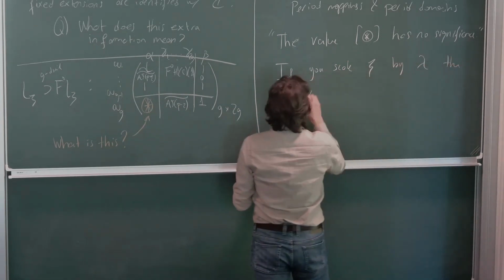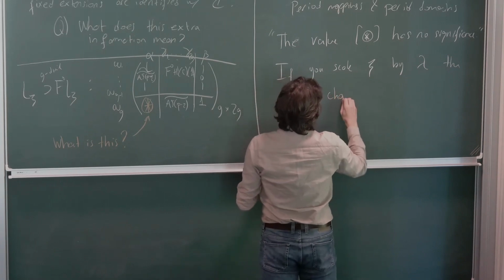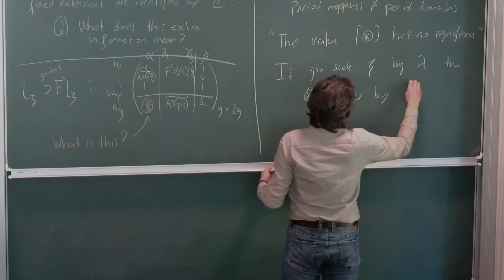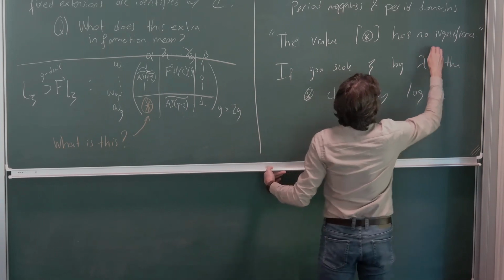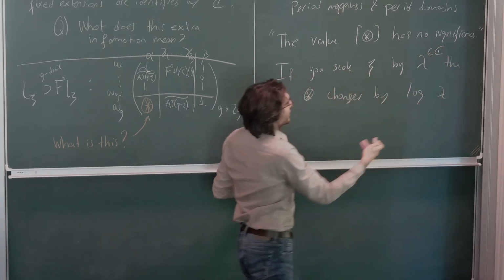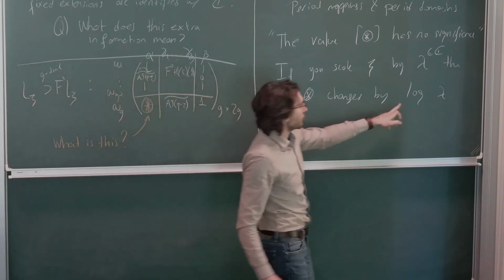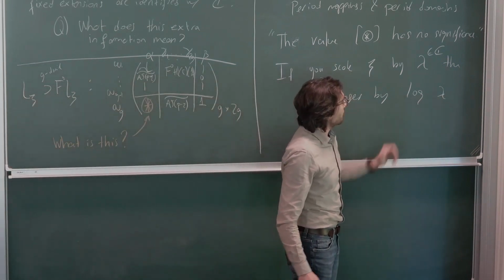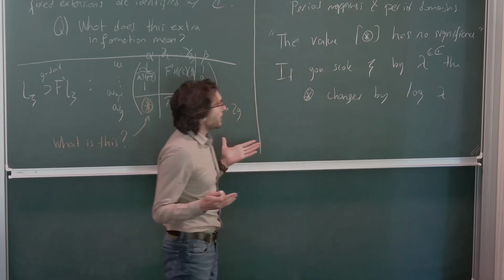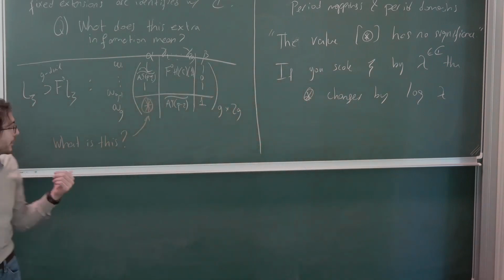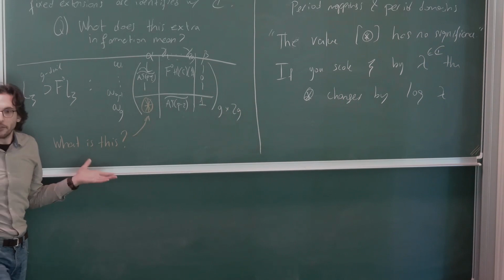Then star changes by log of lambda. Lambda is a complex number, but this 2 pi i is unimportant up to changing coordinates, so I don't care which branch of logarithm you take. By scaling my parameter, I can hit any number I want here. Therefore, it cannot have any significance. That's what they say.